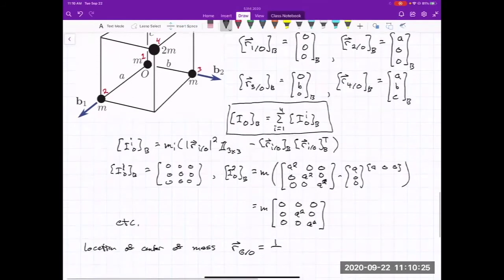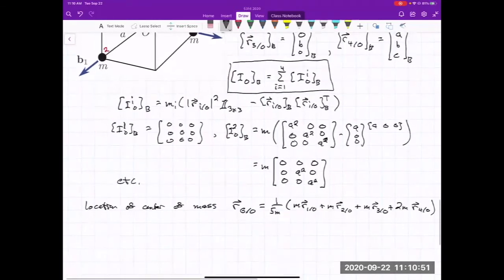So we've got 1 over 5M, and then just M R10 plus M R20 plus M R30 plus 2M R40. And you can work that out to get the location of the center of mass.